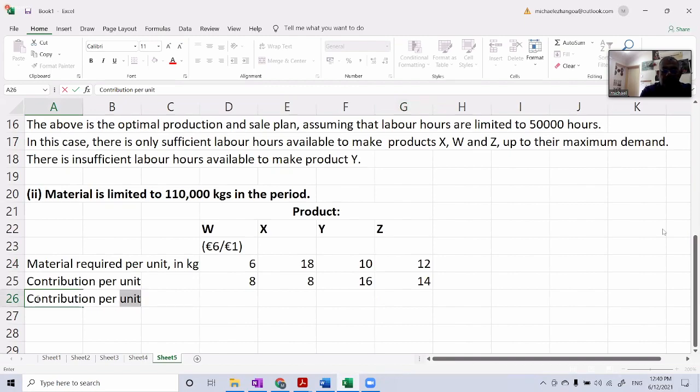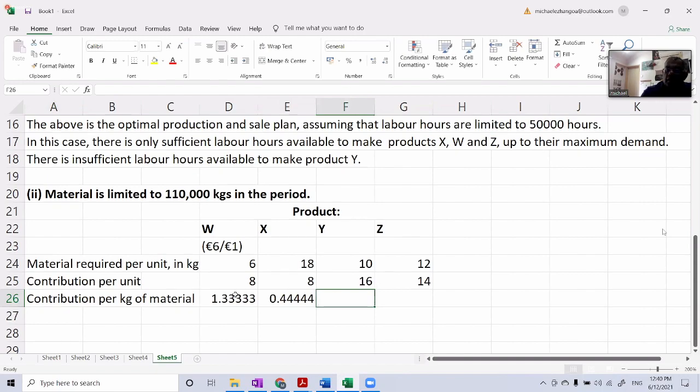Contribution per kg of material. So that will be 8 over 6. That will be contribution 8 over 18. That will be 16 over 10 and 14 over 12.